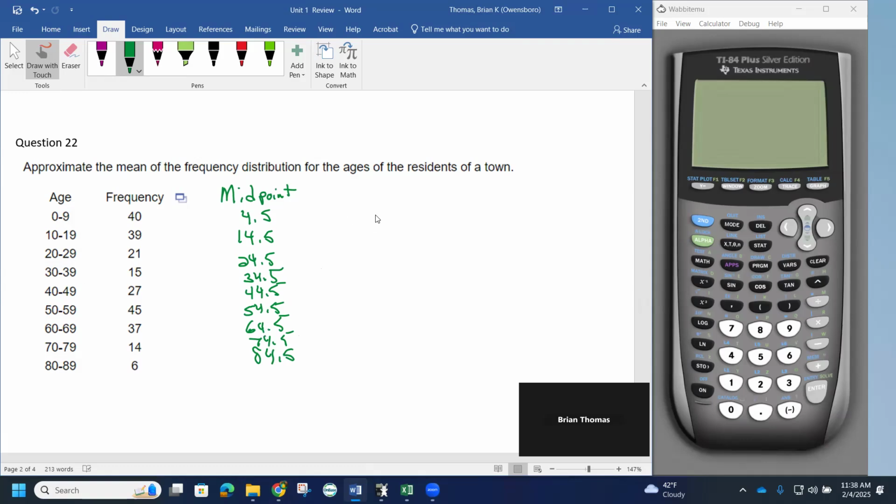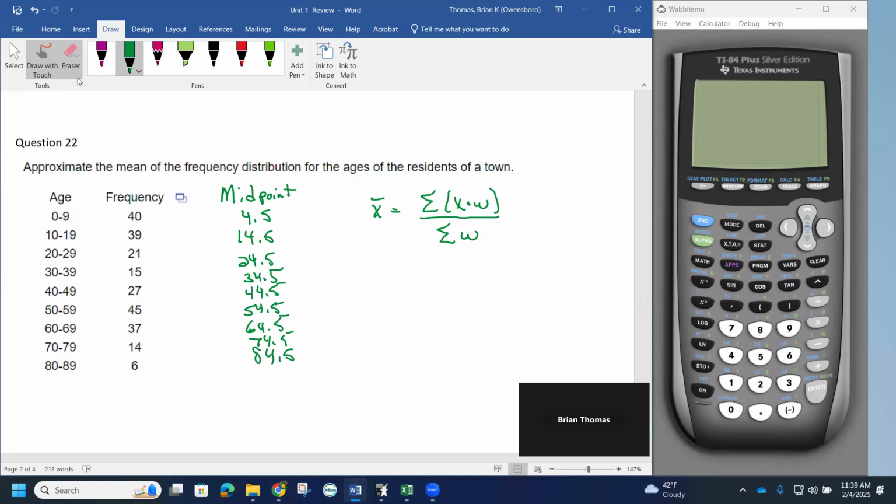Now remember, our formula for mean is we have to do the sum of the data point times its weight, or how many times it occurs, divided by the sum of the weights, or how many times the entry occurred, which is also called the frequency.